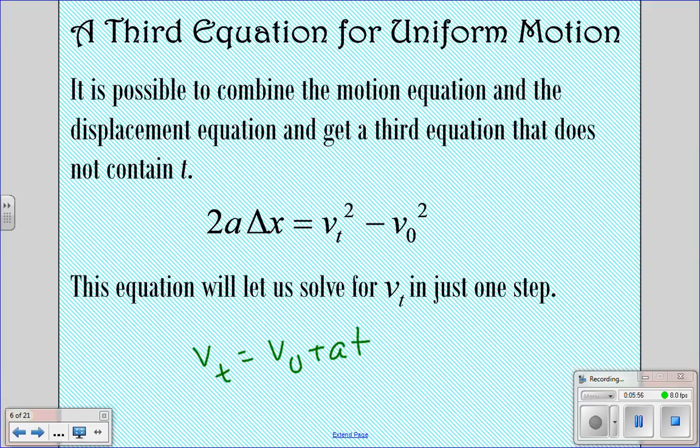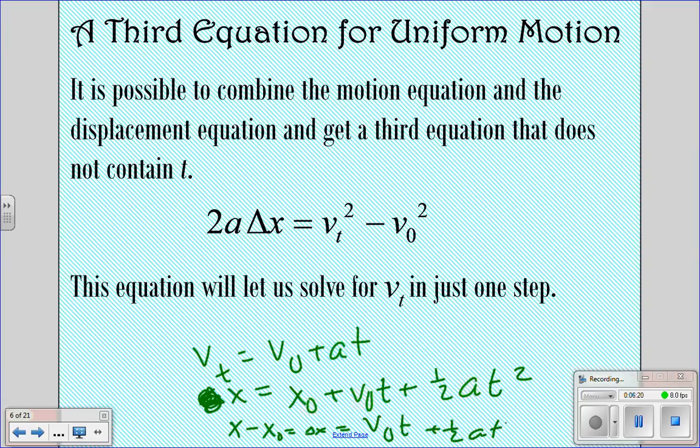And then your position equation is X sub O plus V sub O T plus 1/2 A T squared. We don't actually usually put a delta X there, but X minus X sub O is delta X, and so they would write it V sub O T plus 1/2 A T squared. But those are the equations that they're using to get this one on the board.